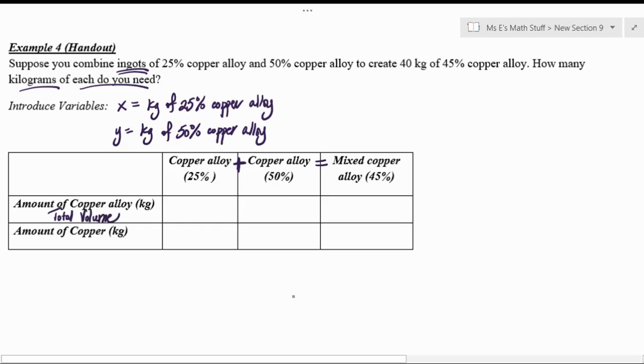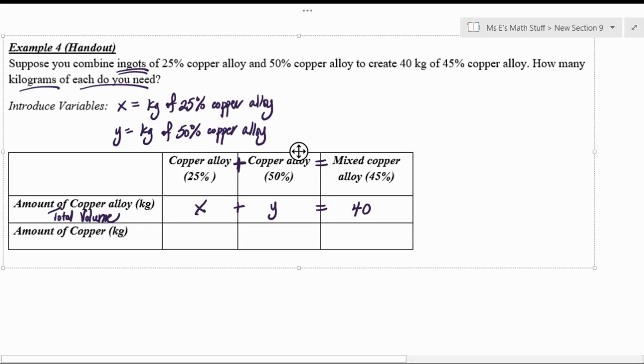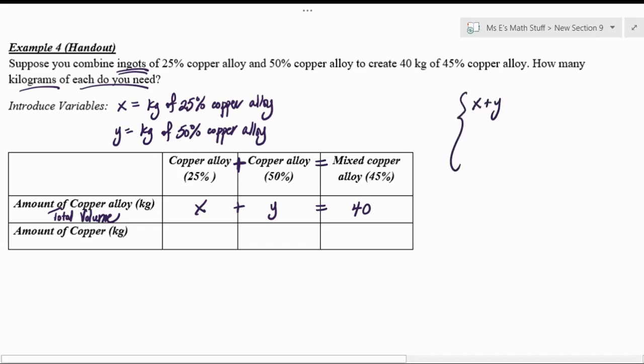We're using X of the 25% stuff plus Y of the 50% stuff, and altogether we're supposed to get 40 kilograms. So my first equation is X plus Y equals 40. One down, one to go.